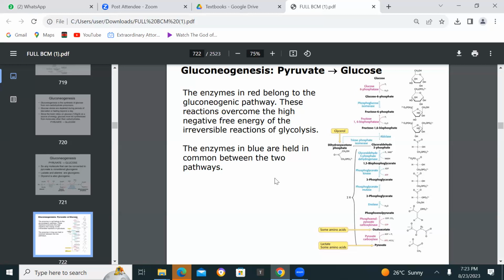to, you remember when we were doing, what other cycle did we do on Monday? TCA, we also did TCA. The way pyruvate was being transported and then converted is the same thing.